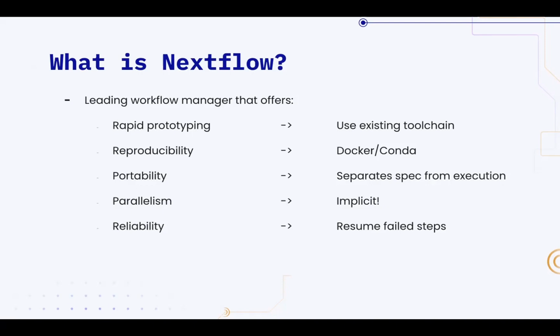So we can take advantage of that to really speed up our workflows. And then lastly, it's really reliable. So they built it into the system that your execution can resume from intermediate steps regardless of the reason for failure. So all these reasons come together to offer a really modern approach to designing and running workflows.